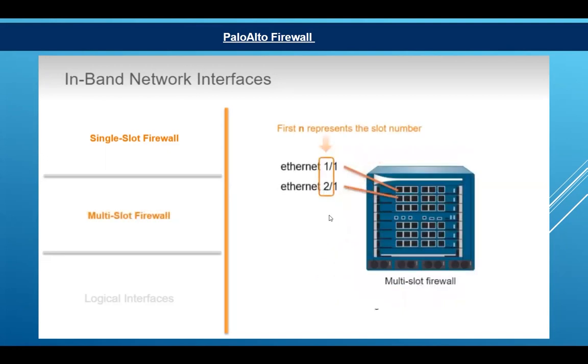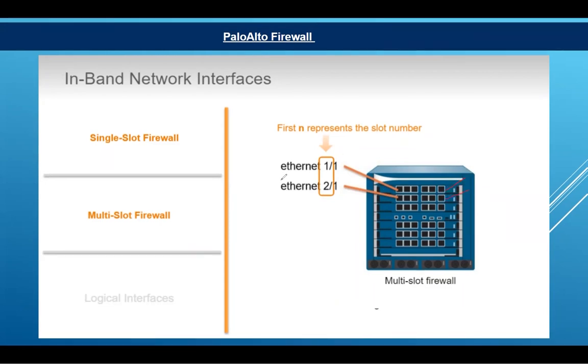The second one is the multi-slot firewall. Here you can see we have two slots, slot 1 and slot 2, so we are using 1/1, 2/1. The first number indicates the slot, and the second indicates the interface. Clear? This is the concept of slot.